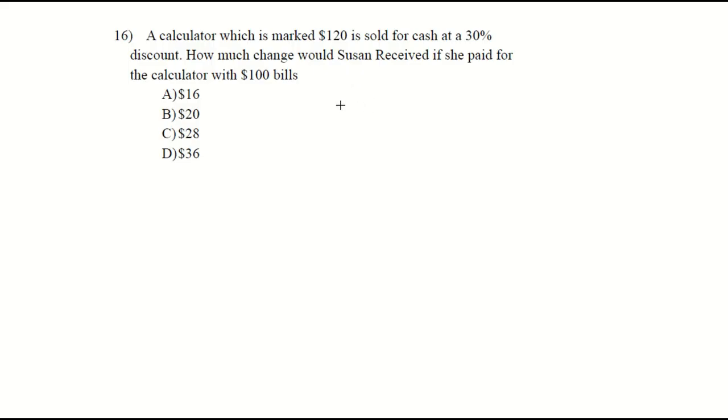So we need to find out the discount: 30 over 100 multiplied by 120 over 1. Cross out that, cross out that, cross out that. That's a $36 discount. So we need the discounted price, which is equal to 120 minus 36, which is $84.